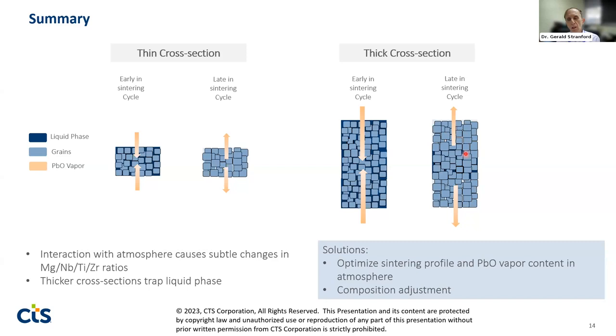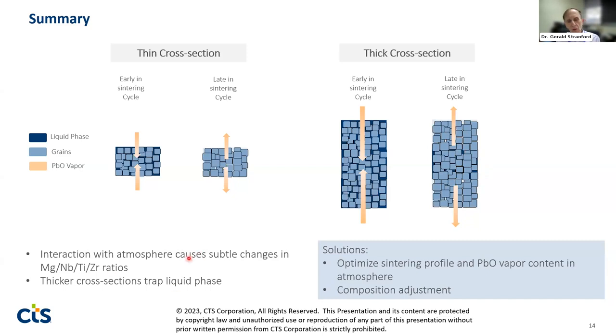But in the middle, we still have that liquid phase showing, which is the dark phase you see in these, and it is probably getting entrapped in there, and it's not easy for that to diffuse out or find its way out.